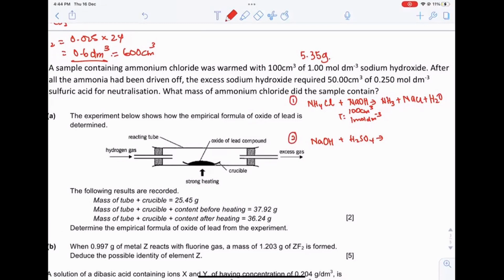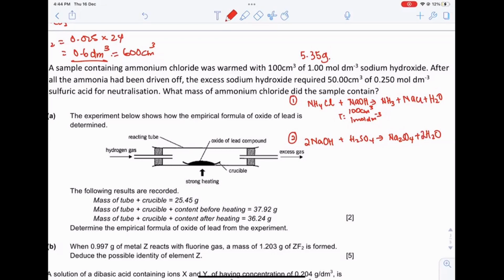Okay, the next one is an acid-base reaction. So we have a salt, sodium sulfate, plus water, because acid plus base give you salt and water. So if you balance it, this one times 2. And then there's 4 hydrogen.